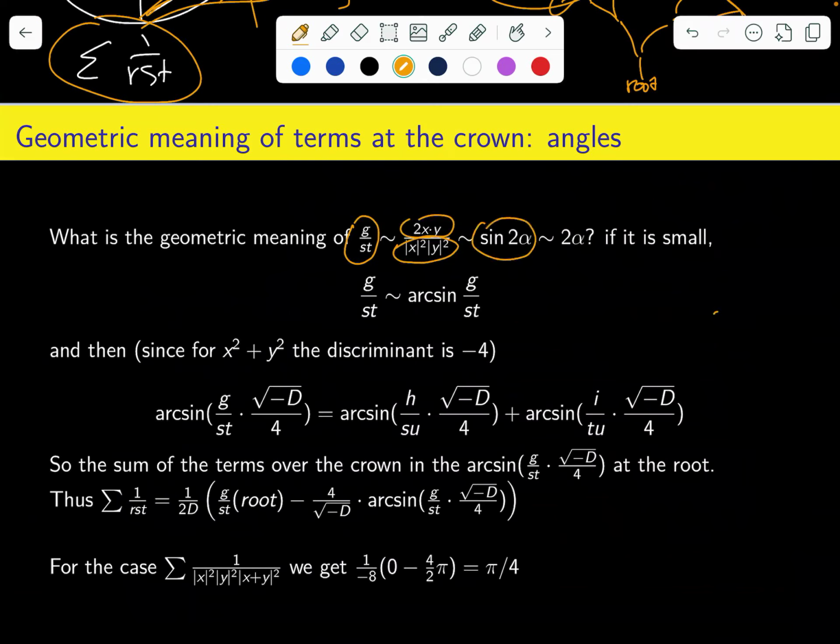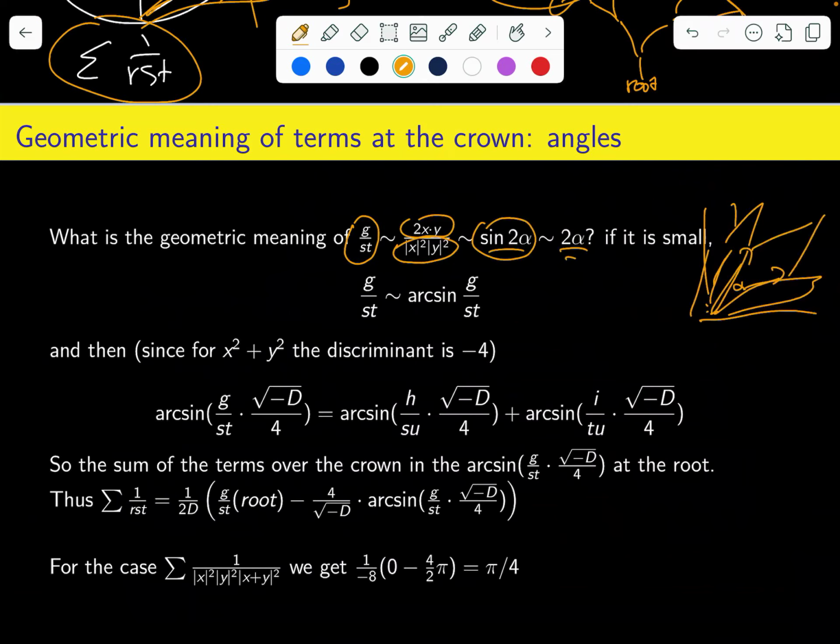If you have two vectors which span a parallelogram of area 1, you take their product and divide by the product of the lengths, then it's just the sine of 2 alpha. And when you take a sum over many small parallelograms like that, they just partition the angle. So the sum of the angles is like pi over 2 or pi or something.